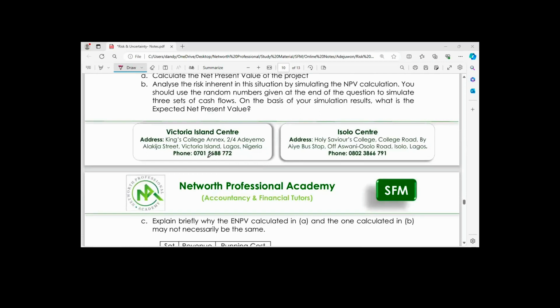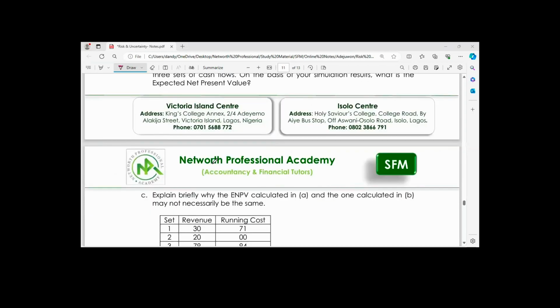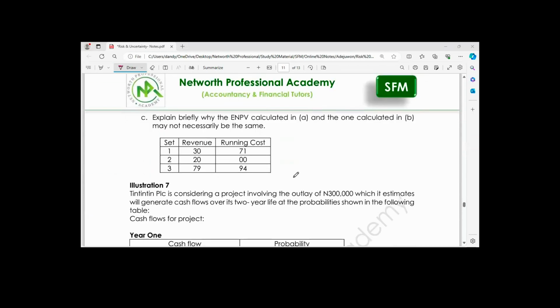You should use the random numbers given at the end of the question to simulate 3 sets of cash flows. On the basis of your simulation results, what is the expected net present value? C, explain briefly why the expected net present value calculated in A and the one calculated in B may not necessarily be the same.